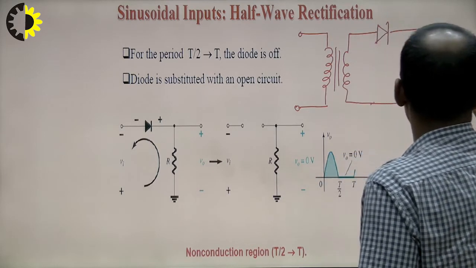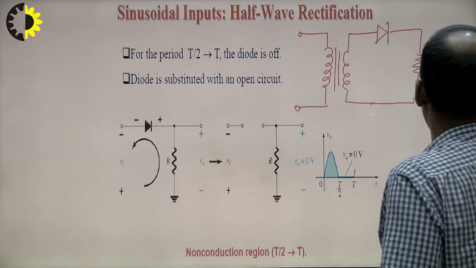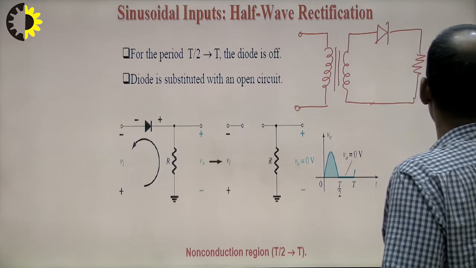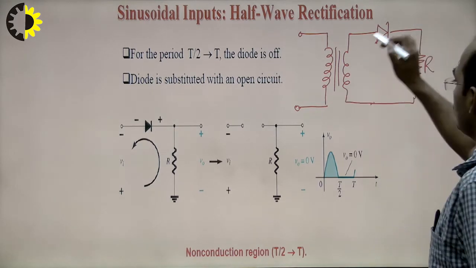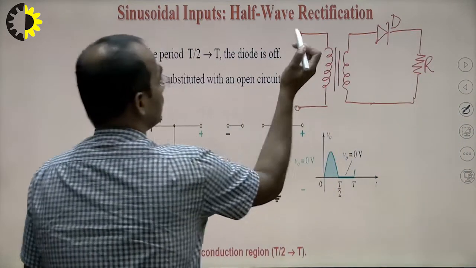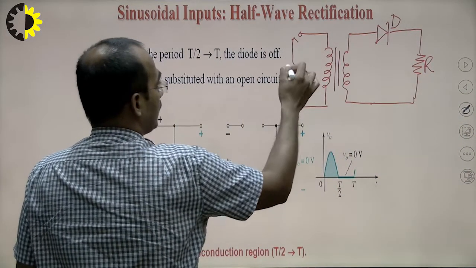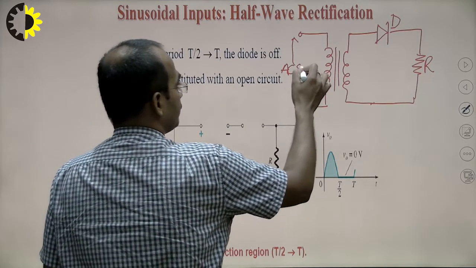Here I have used a load resistance R. This is the diode D, and here I will apply the AC signal, or you can say the 220 volts 50 hertz supply.